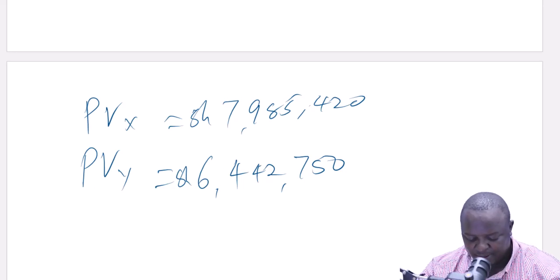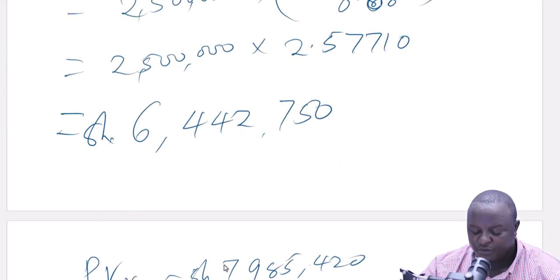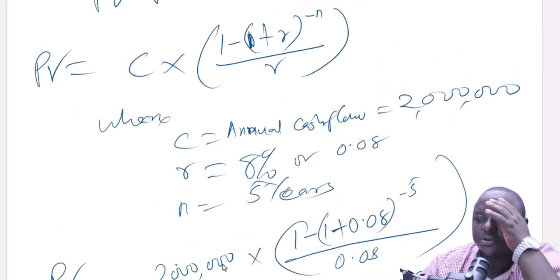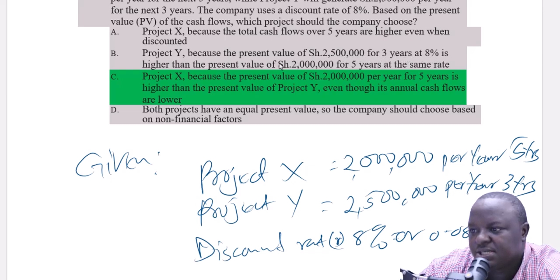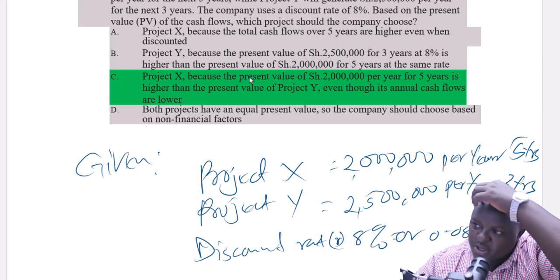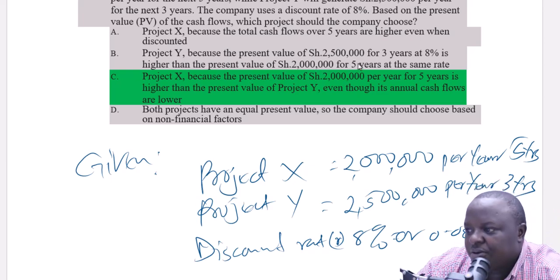So if we go back to our question, if we are looking at the options that we are given: project X, because you should choose project X because the total cash flow of 5 years is higher than the discounted. No. Project Y, because the present value of 2.5 million for 3 years at 8% is higher than the present value of 2 million for 5 years.